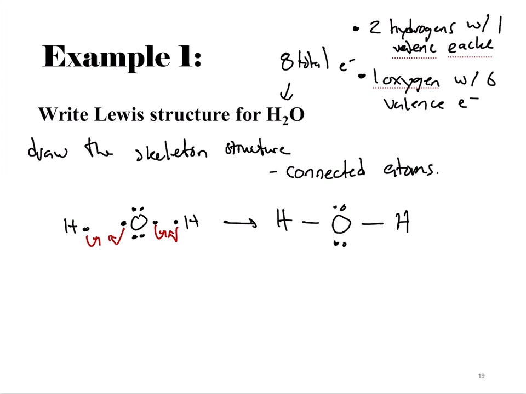So in this case, how many electrons are around this hydrogen here? How do you know there's 2 electrons there? Yeah, because we have a bond here, right? And a bond means that there's 2 electrons around this hydrogen. Any bond attached to that element says there's 2 electrons around it.